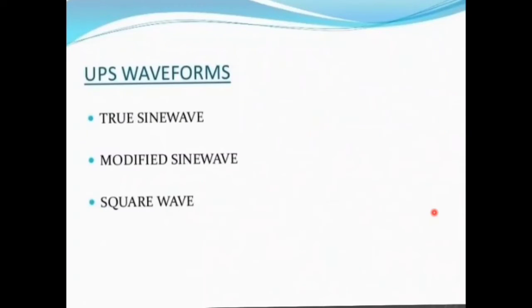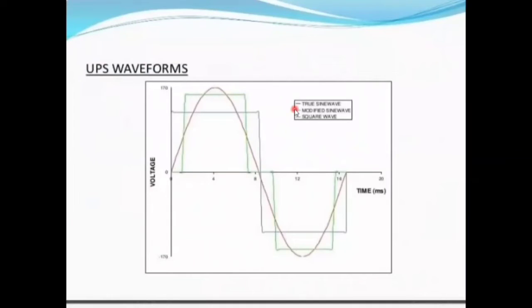Next part is UPS waveform. UPS waveforms are true sine wave and modified sine wave, and also square wave. Clear? And this is the UPS waveform. This is the main peak point, from zero minimum point to maximum point. Then this is the sine wave, over the 0 to T time interval.